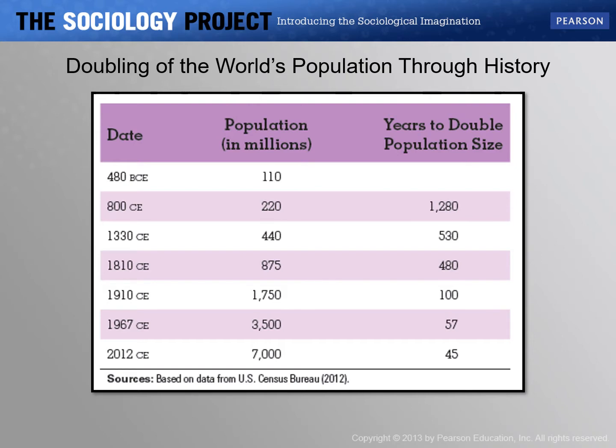So, for example, in 1967, the world population was 57 million. It's now doubled to 45. The number of years was 57 years between 1910 and 1967. Now it's less than that, and that's only been 43 years. So it's 45 years. This happens very quickly.